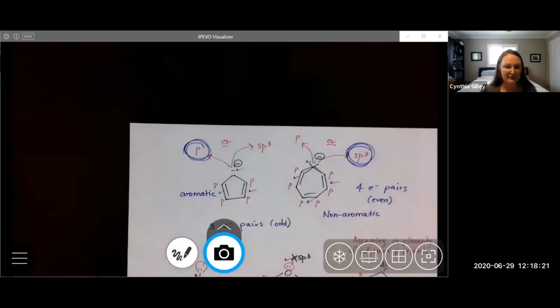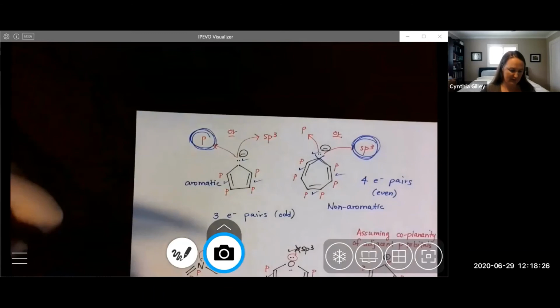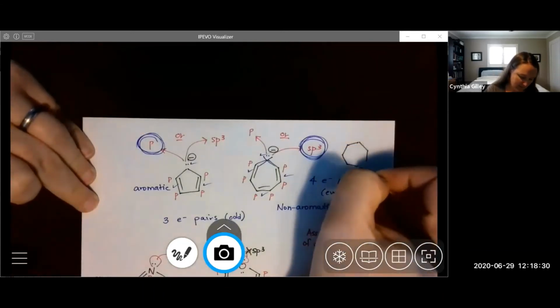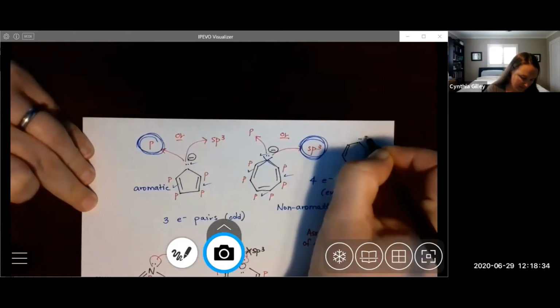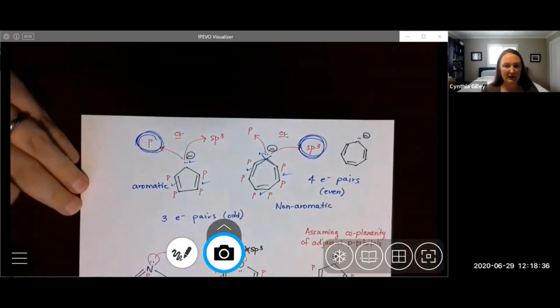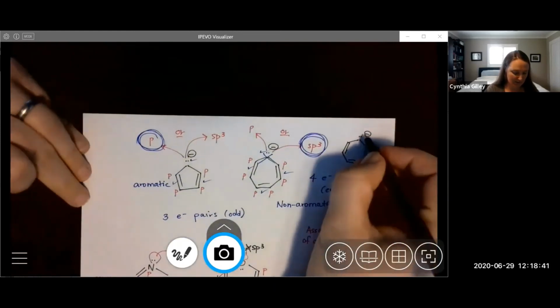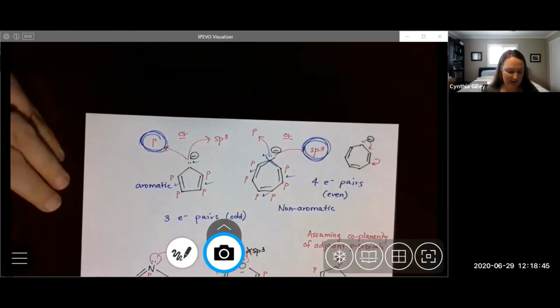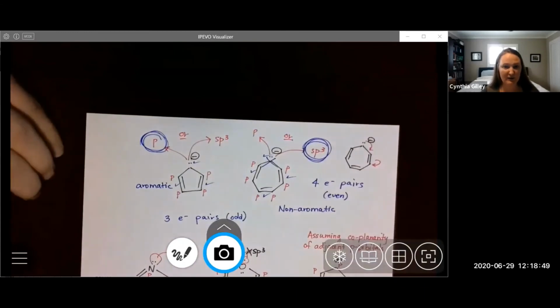But here's the confusing thing. Even in a case like this, with a 7-membered ring, if I don't think about the electron pairs and I just think, can I draw resonance here, just start moving my electrons around, I can draw a lot of resonance contributors that are all useless.